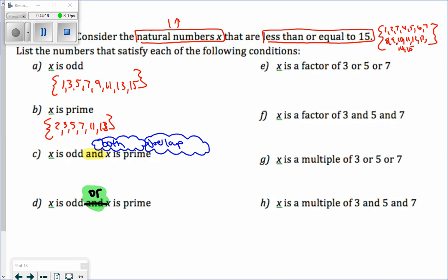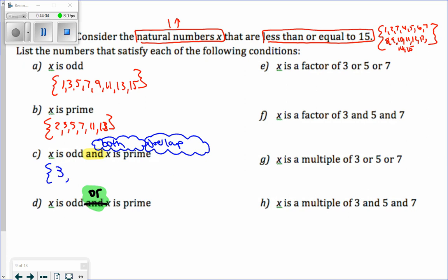So which are numbers that are both odd and prime? So is 1 odd and prime? No. Is 2 odd and prime? No. Is 3 odd and prime?